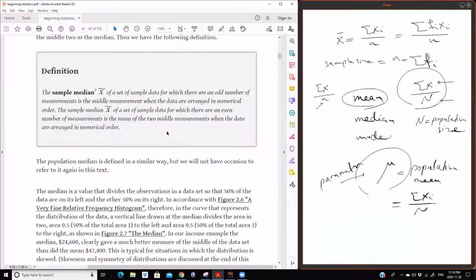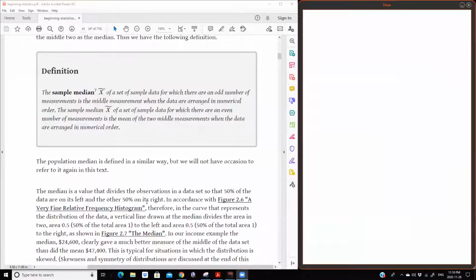Okay. Next, we talk about median. The median is simply the middle number. It's another way of measuring a measure of central tendency.